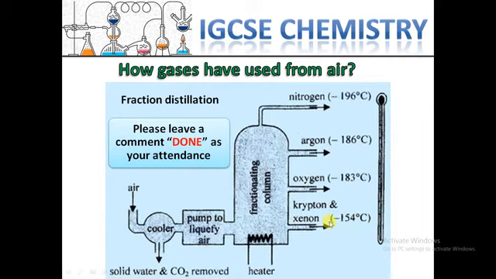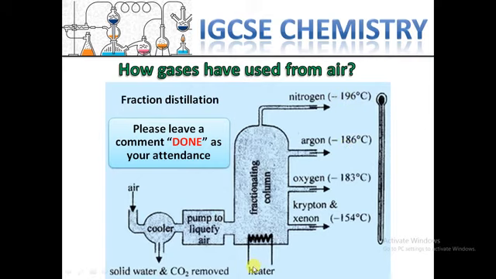For example, argon boils at about minus 186 Celsius, and oxygen boils at minus 183 Celsius, and nitrogen at minus 196 Celsius, meaning that nitrogen is the first gas which leaves the column, because nitrogen has the lowest boiling point.